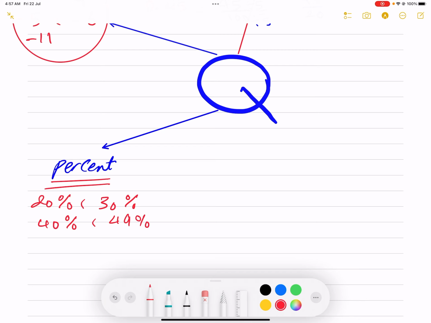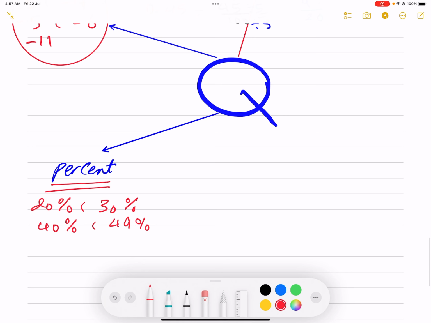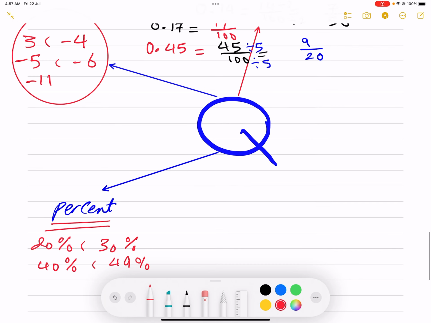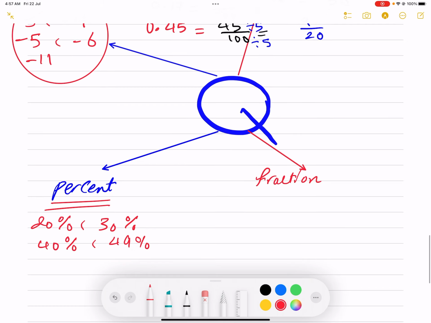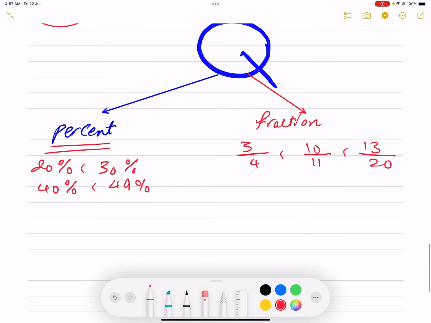What about the mixed numbers? Fractions in general are the same story. A fraction is already written in the form of numerator and denominator, like 3 out of 4, 10 out of 11, 13 out of 20. So all of these numbers are rational, and the mixed numbers as well, like 3.5.